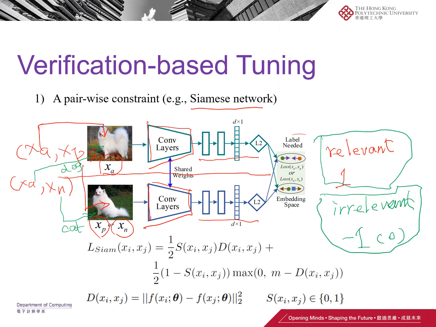So with this setting, the neural network is doing class prediction. The only difference is this is a binary classification problem to distinguish the relevant pairs from the irrelevant pairs. Then everything goes back to classification.